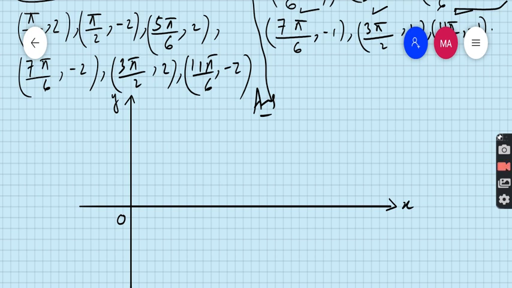Now on the x axis we have to take 4 squares as 90. 1 2 3 4, 90 means pi by 2. 1 2 3 4, then pi. 1 2 3 4, then 3 pi by 2, then 1 2 3 4, 2 pi, then 1 2 3 4, 2 pi plus pi by 2, that is 5 pi by 2, then 1 2 3 4.